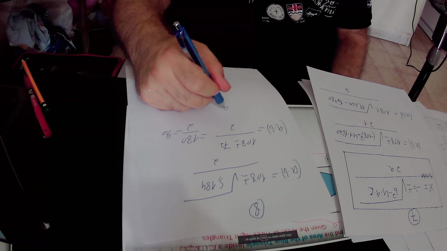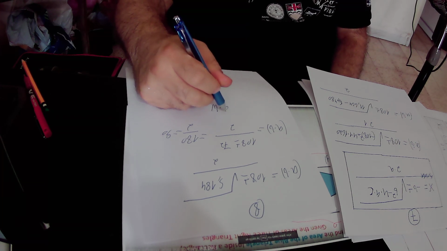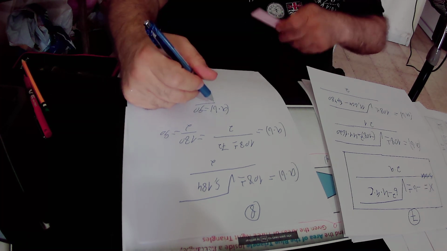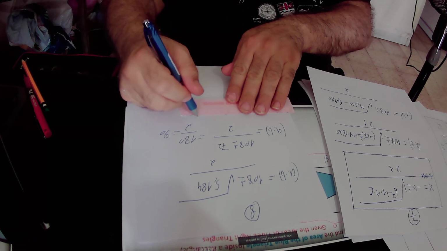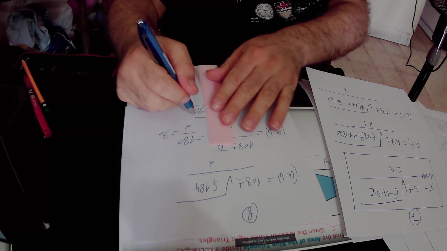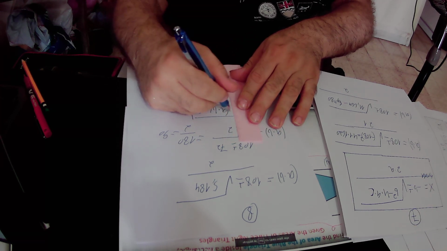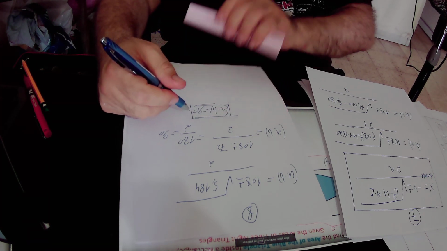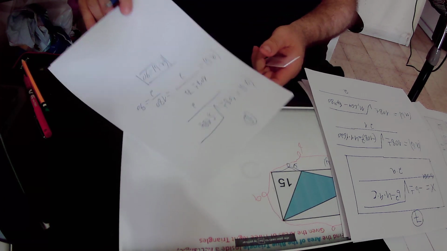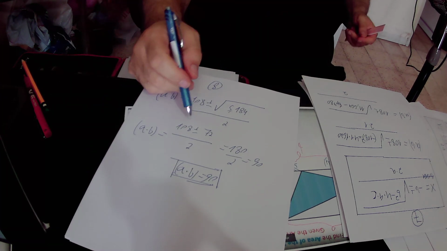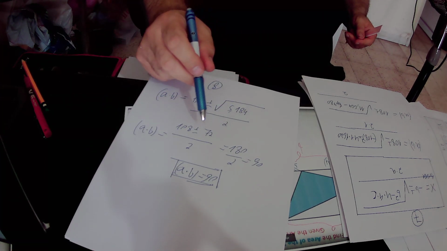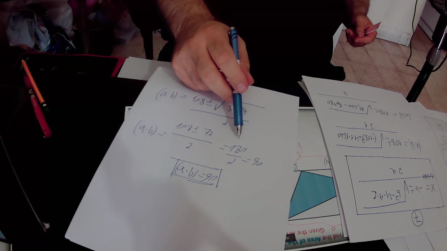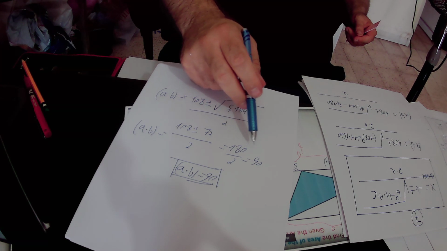So the first answer for a times b is 90. 108 plus 72 equals 180, and 180 divided by 2 equals 90.